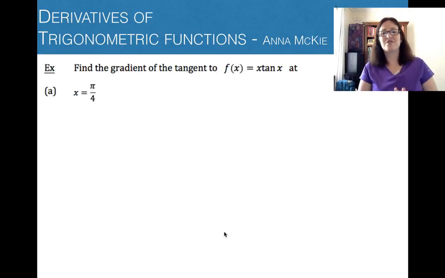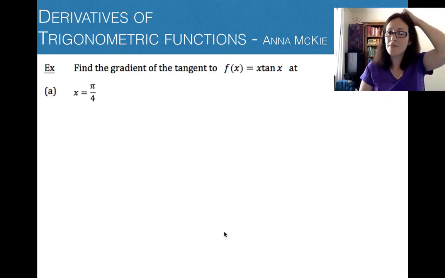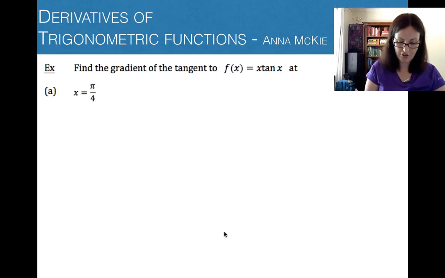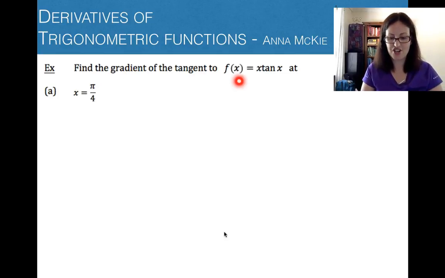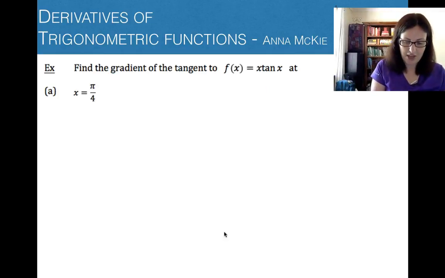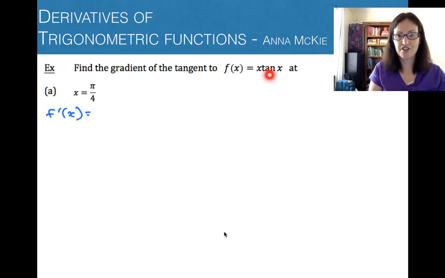Moving on. Now, this is our last question, but it'll take a while. We've got part A and part B. So, finding the gradient of the tangent to f of x equal to x tan x. So we need to differentiate this first of all. So we have f dash of x is equal to, product rule again. Differentiate the first and leave the second. Differentiate the first, we get 1 tan x.